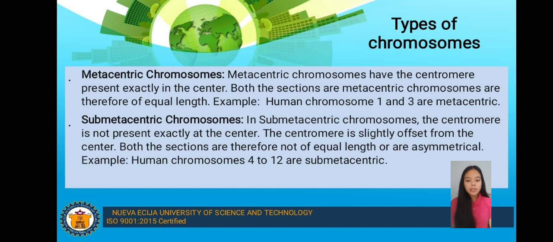In submetacentric chromosomes, the centromere is not present exactly at the center. The centromere is slightly offset from the center. Both sections are therefore not of equal length, or are asymmetrical. Examples, human chromosomes 4 to 12 are submetacentric.